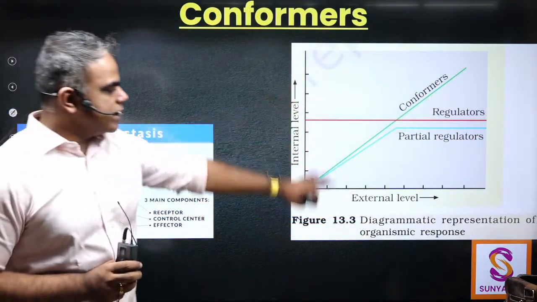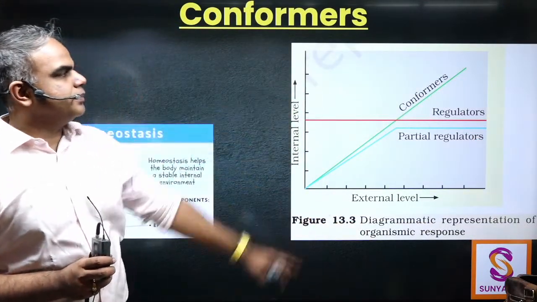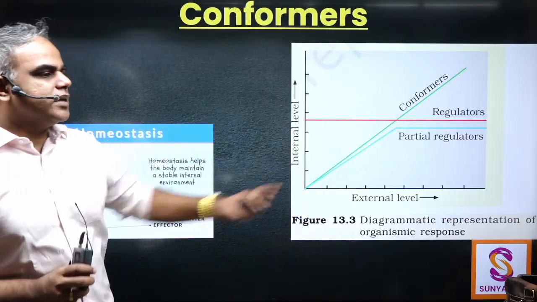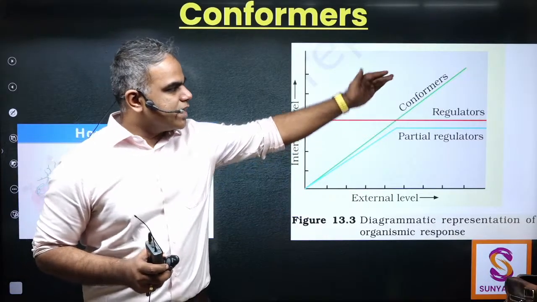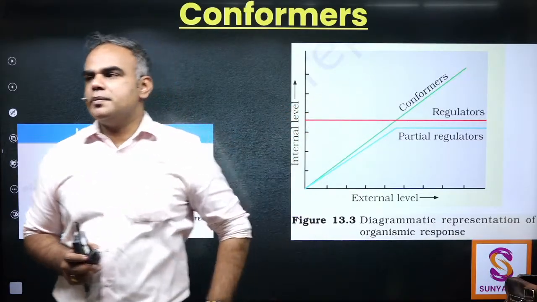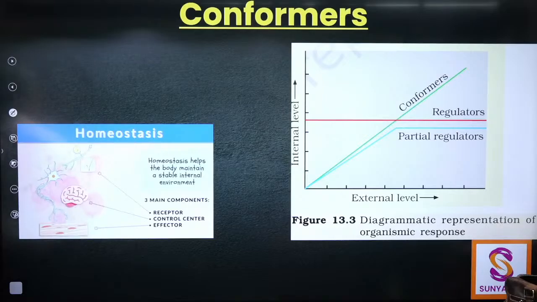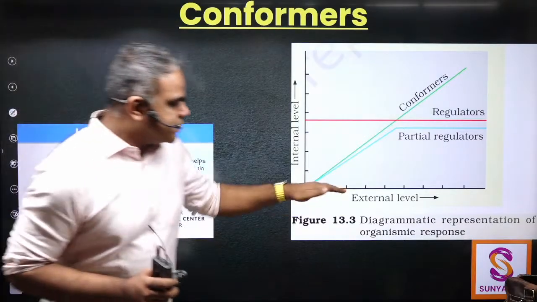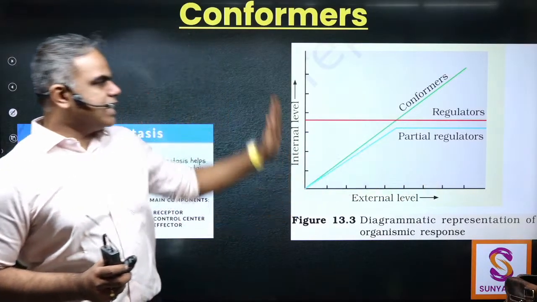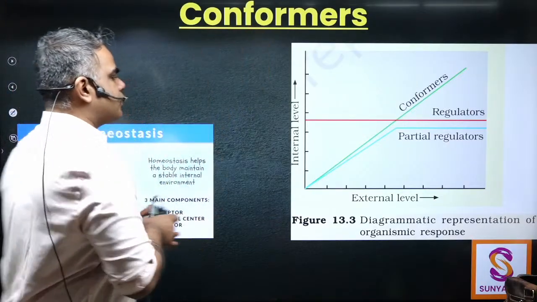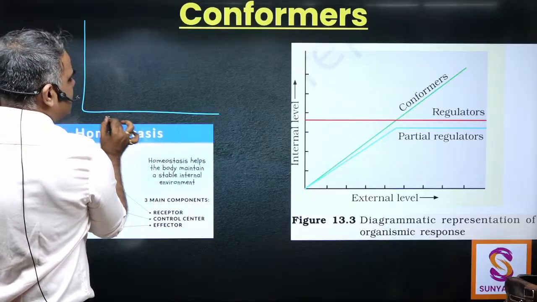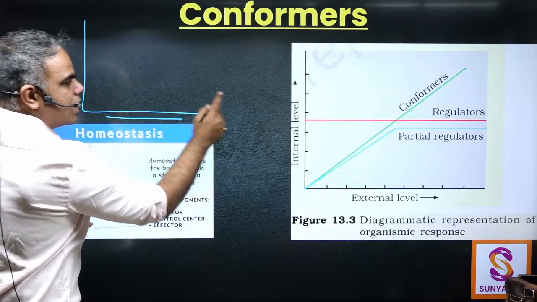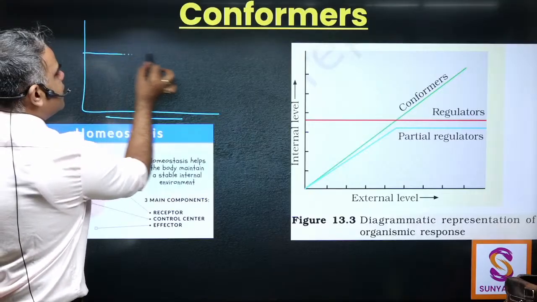And please draw this diagram again from your NCERT. Draw this and we'll end here today. In the next class, we'll see what conformers are, what regulators are, what partial regulators are, and their examples. Here, this is the external level and this is the internal level. If the external level keeps on changing, regulators keep their internal level constant.